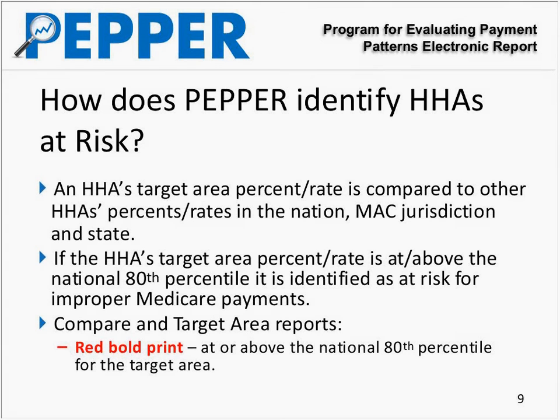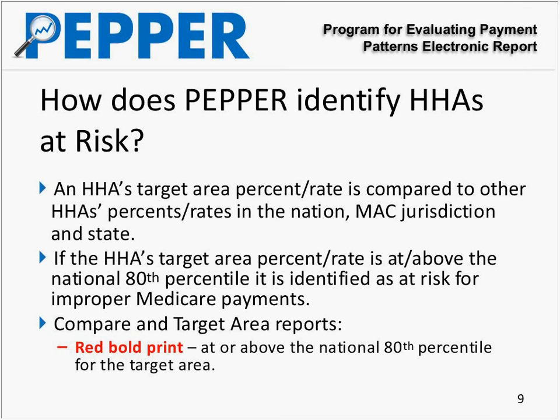We identify the target area percent or the rate that's at the 80th percentile, and if a home health agency's target area percent or rate is at or above the national 80th percentile for a target area, then it's identified as at risk. While we do compare the home health agencies to all 3 comparison groups, in the PEPR we use the national comparison group to identify outlier status.